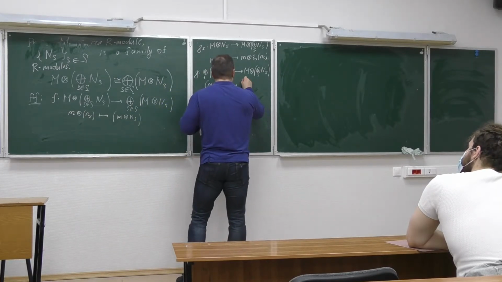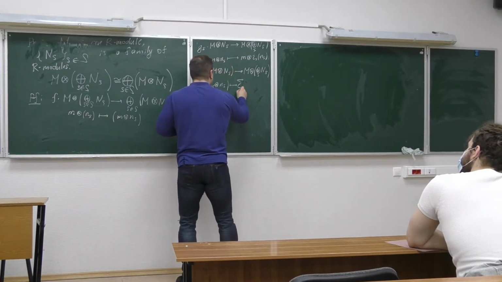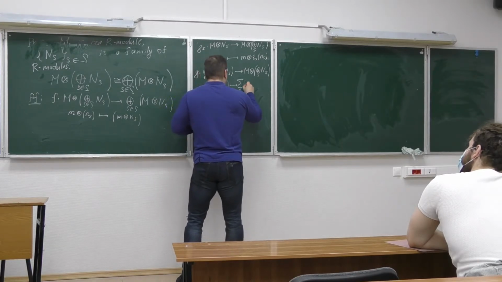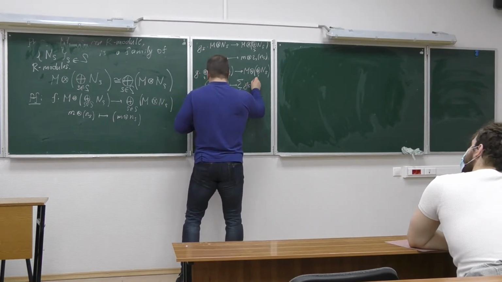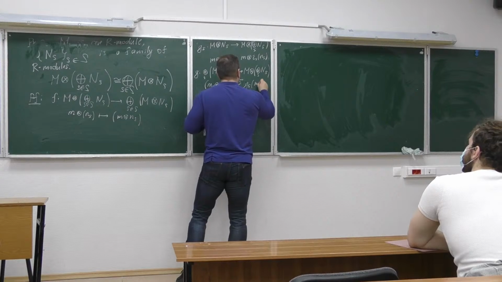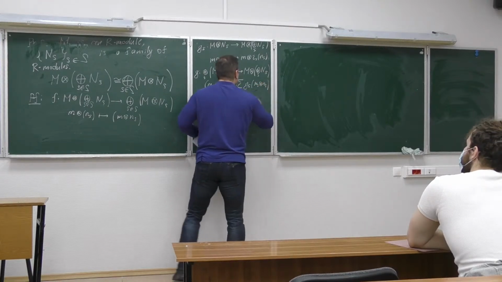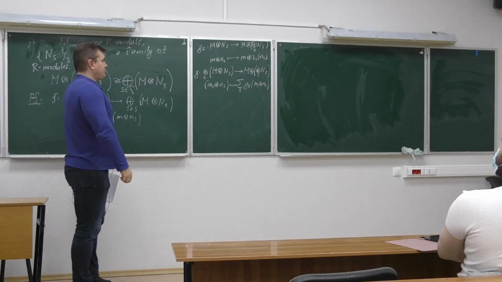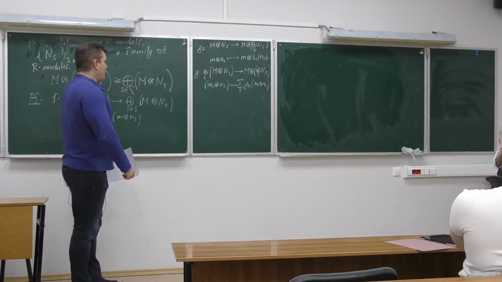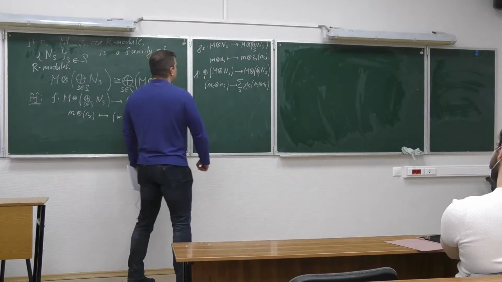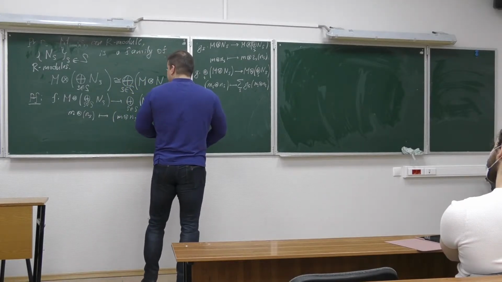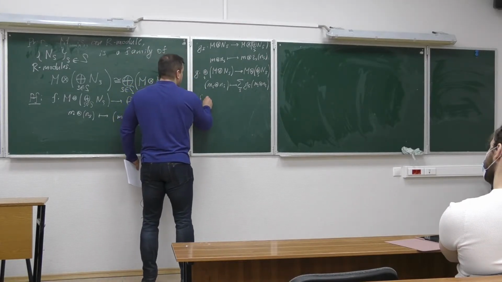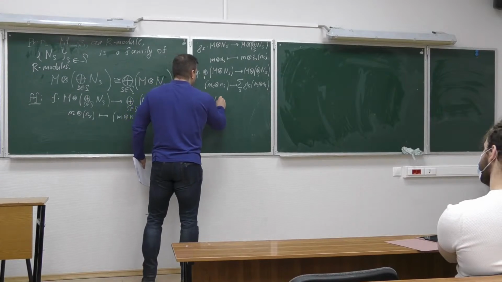You take the sum, which will of course be a finite sum, so sum over s, and then you apply g_s to m_s tensor n_s. So this is how you define maps, and I leave this as a little exercise to check that if you take the compositions, you will get identities.